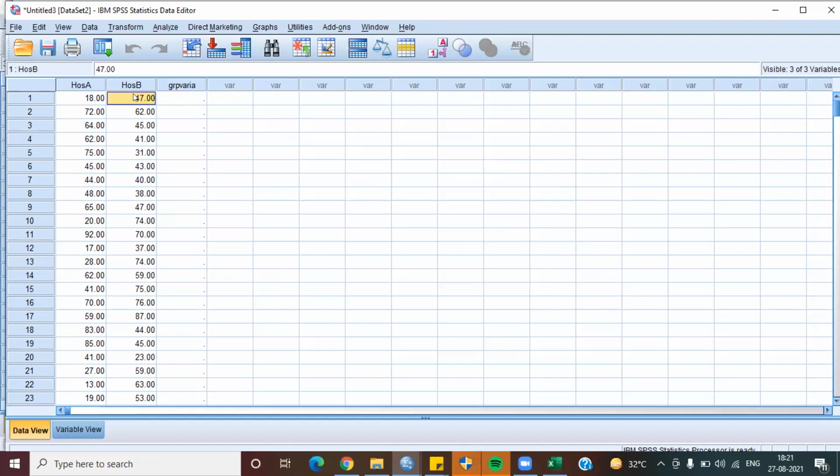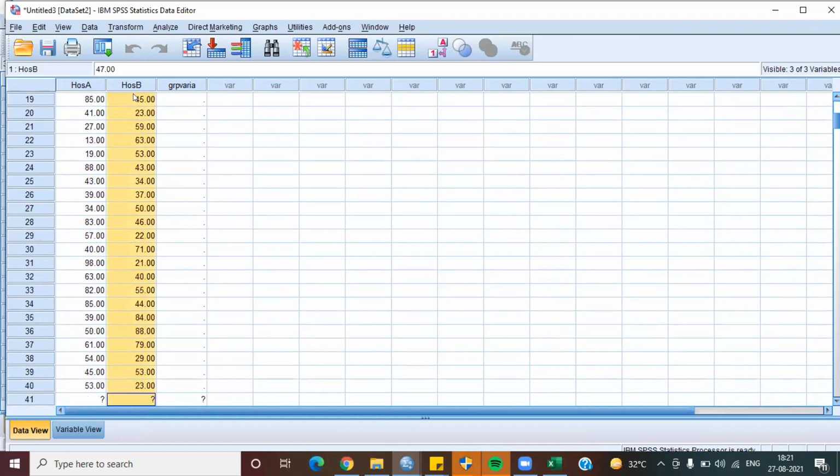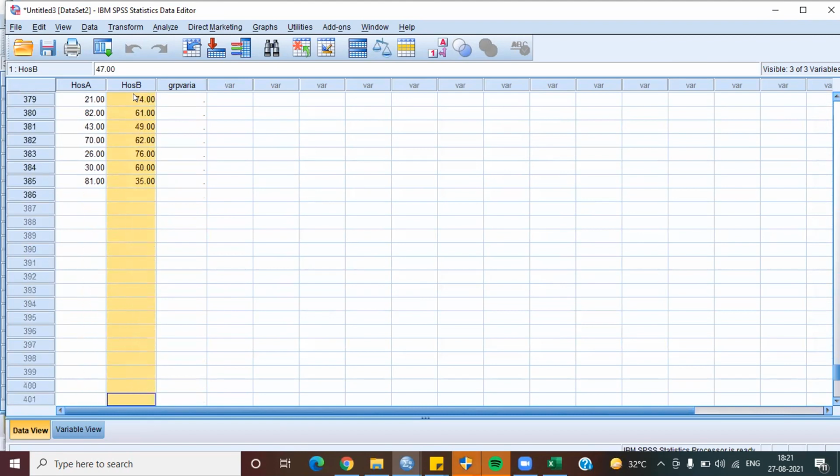So first of all, for analyzing this kind of thing, I have to merge these two data. I have to prepare data for that particular test. Because whenever you are going to test the data set, you will be given in a form of their convenient.